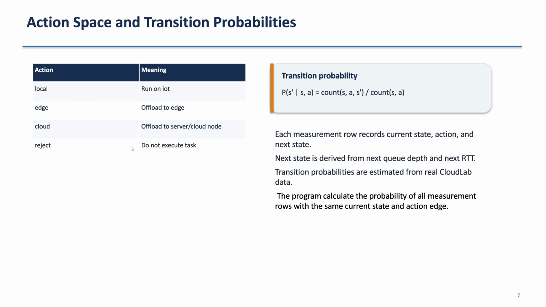The reject is do not execute the task. Here's the function for the transition probabilities. Each measurement row records current state, action, and next state. The next state is derived from the next queue depth and next RTT. The transition probabilities are estimated from the real CloudLab data. The program calculates the probability over all measurement rows with the same current state and action.